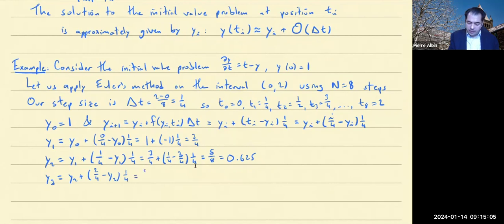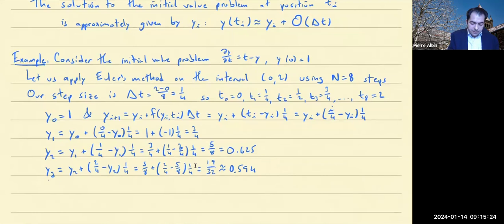So this would be 5/8 plus (2/4 minus 5/8) times 1/4, which is 19/32, or roughly 0.594. And so on until finally we get to y8, which is roughly 1.2.